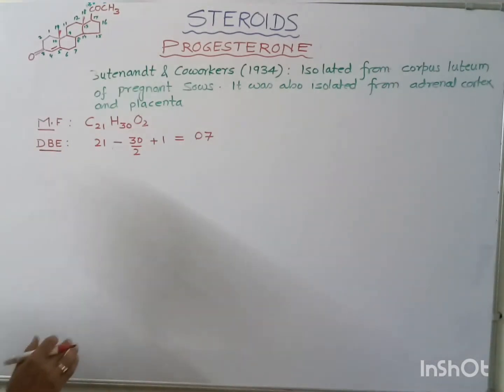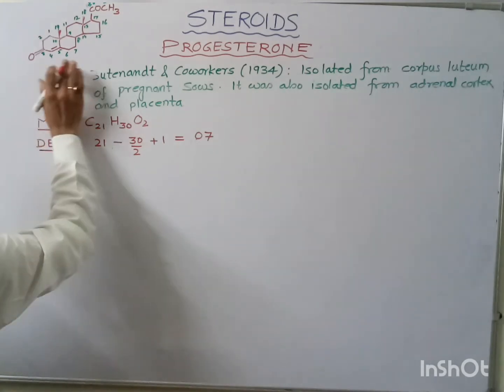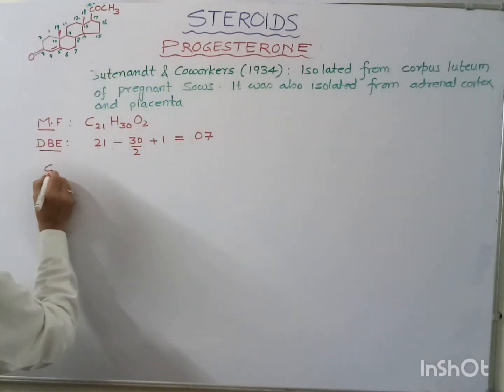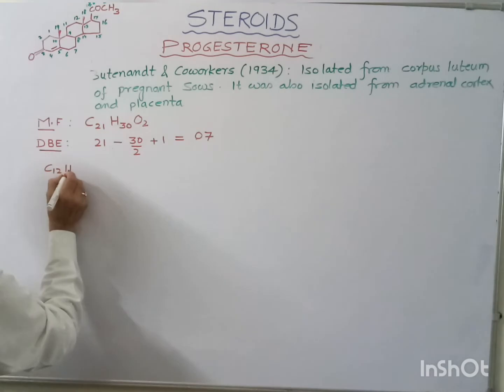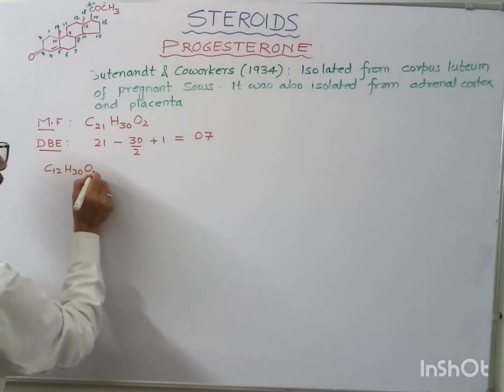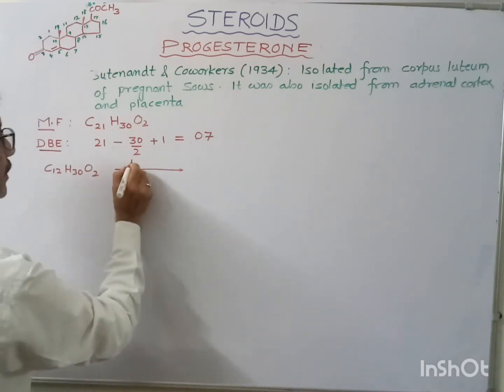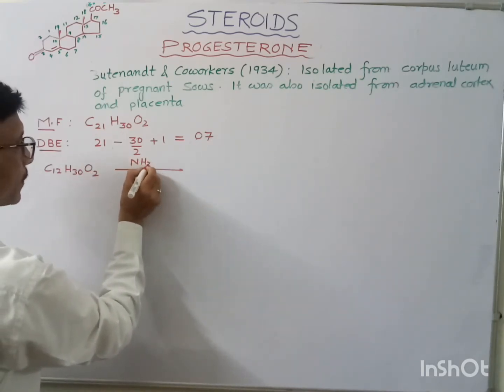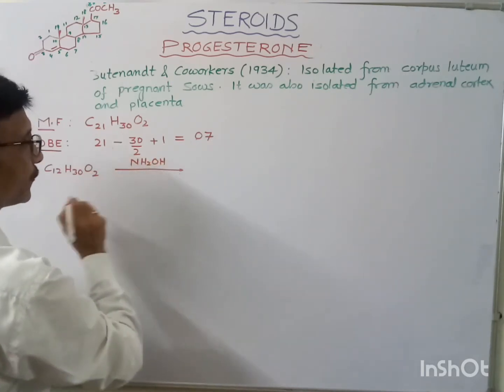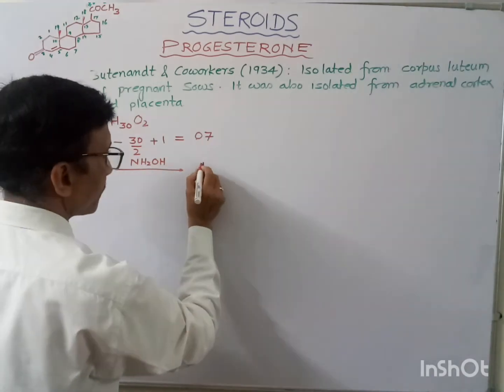Now, after this, if progesterone, C21H30O2, is treated with, suppose, hydroxylamine, then it forms the dioxime.